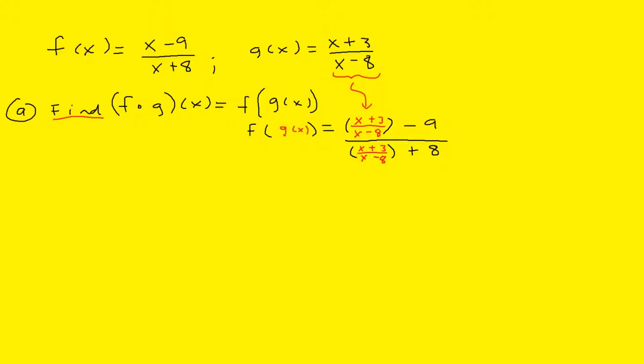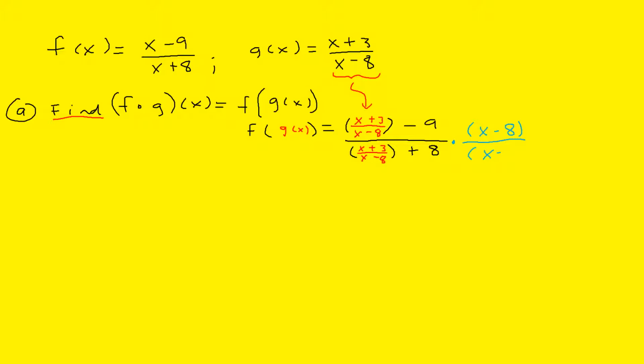So we will accommodate. What we're going to do is multiply top and bottom by, well, the thing that's going to clear out the fractions. There's a common denominator of x minus 8. So we're going to multiply top and bottom by x minus 8. We're multiplying by 1, so that's okay.